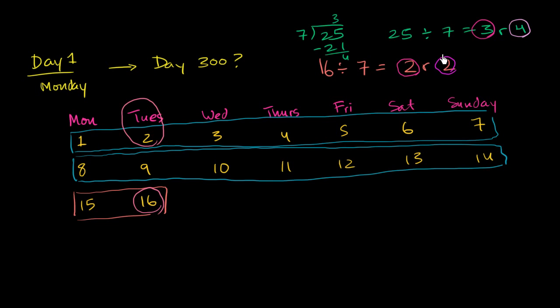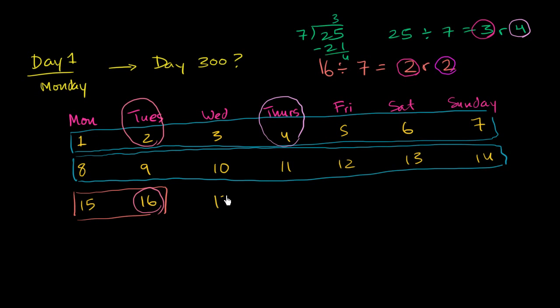So based on this, if we were to write out the grid, we should have 3 rows of 7 before we get to the 25. And then 25 should sit in the 4th column. So if it's sitting in the 4th column, it should be a Thursday. So day 25, based on this little math we just did, should be a Thursday. Let's see if that actually works out.